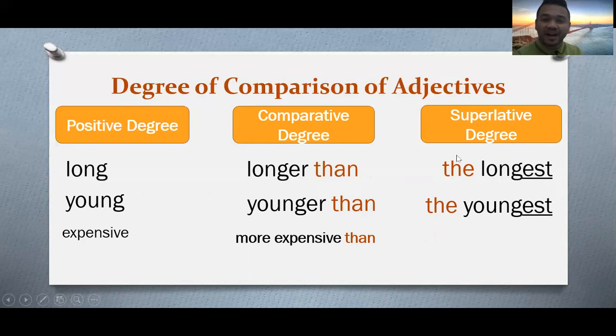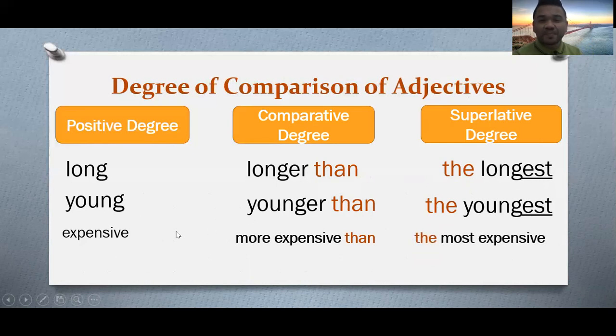Again, in superlative, we have to add the word the, and then add est, only if the adjective has one syllable. Again, if the adjective has only one syllable, we have to add the and est when superlative. Now look at this.